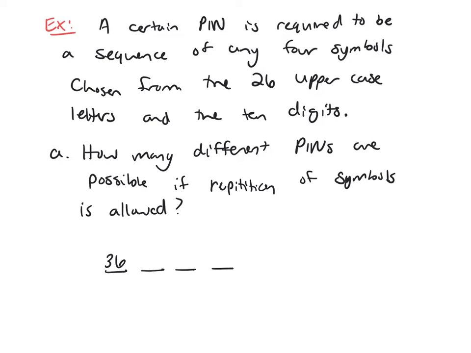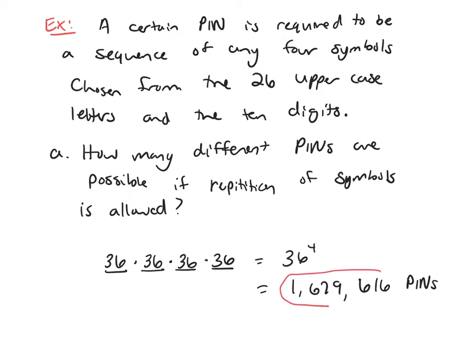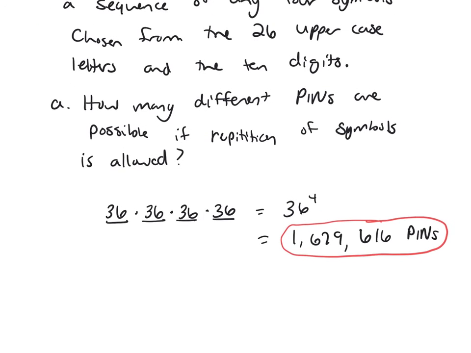And then how many options do I have for the second? It's 36, the third 36, and the fourth 36. And then the multiplication rule says we just multiply these together. 36 to the fourth, or 1,679,616 pens are possible if we allow symbols to repeat.